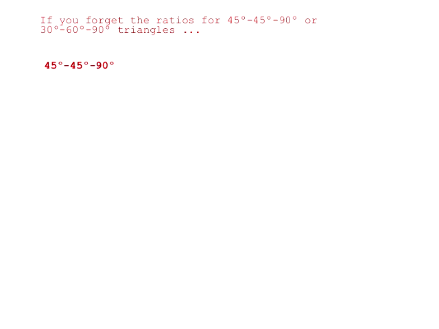So if you forget the ratios for the 45, 45, 90, or 30, 60, 90 triangles, then for 45, 45, 90, just realize that two sides are the same. So you can call the two sides that are the same 1 and 1.